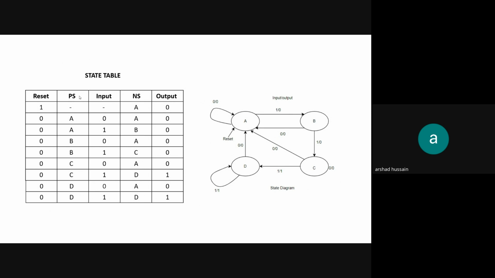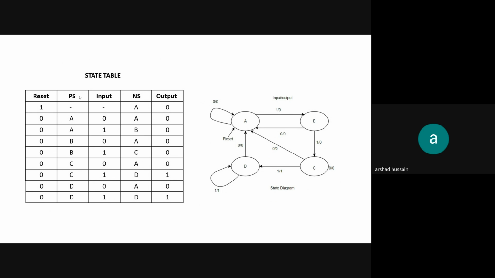Now this same information can be depicted in the state table, and this state table indicates the input. Here we can see my inputs are reset and the input value, and a single output. Additionally, I have a notion of a state, which we call the present state or PS, and the next state as NS.